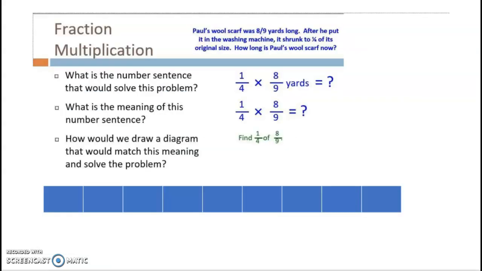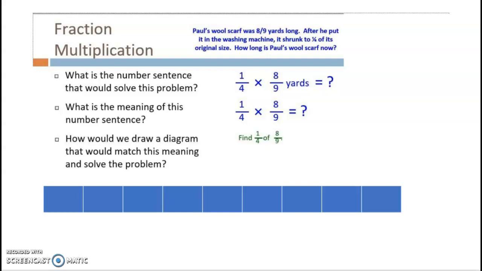Paul's wool scarf was 8/9 yards long. After he put it in the washing machine, it shrunk to 1/4 of its original size. How long is Paul's wool scarf now?